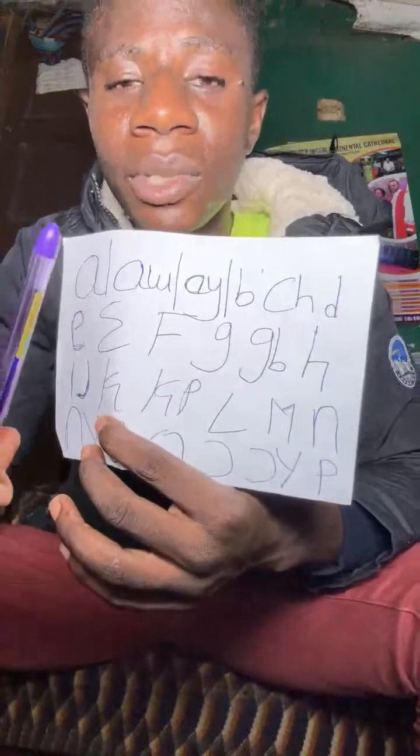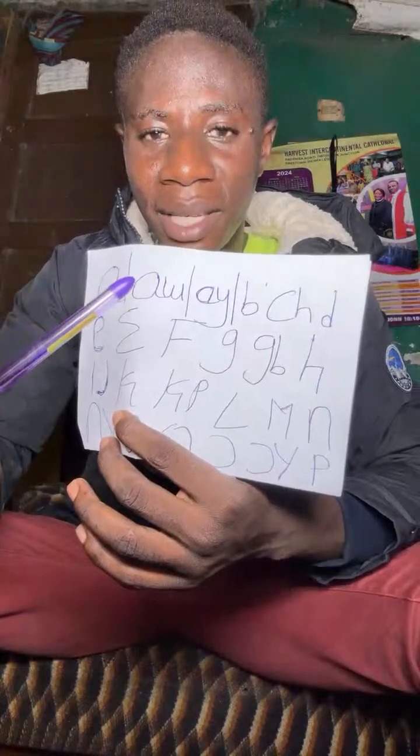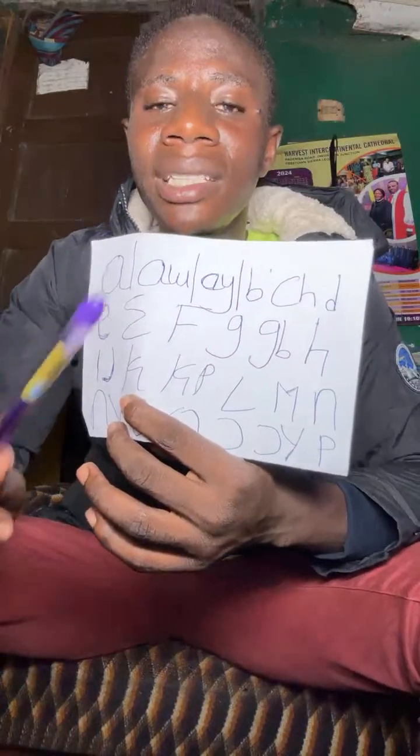So we say Creole has 36 letters, and today we are looking at the alphabet.